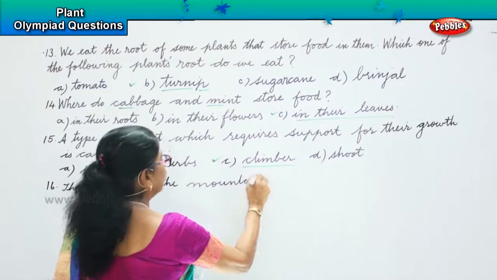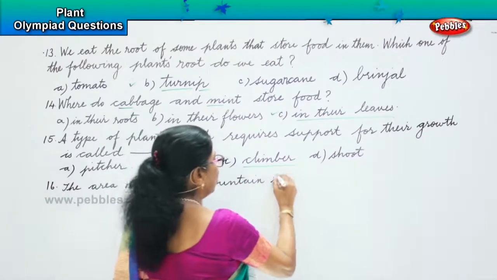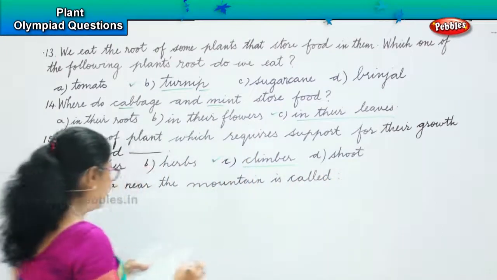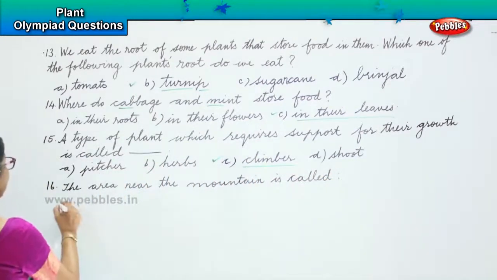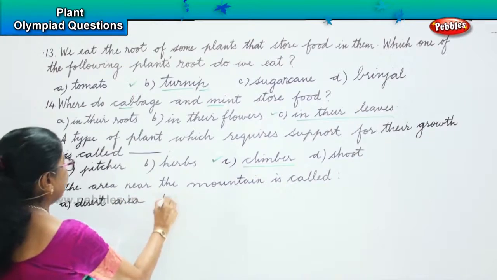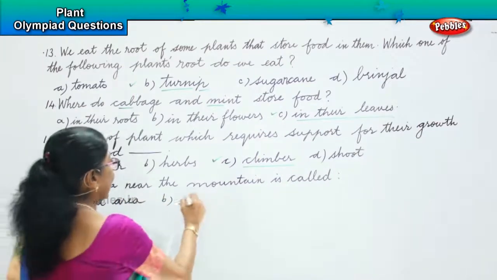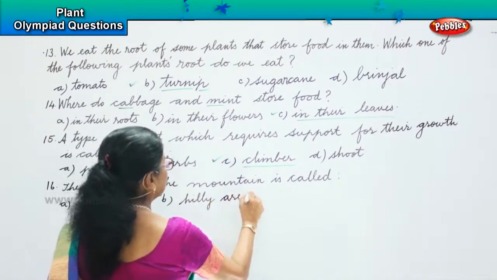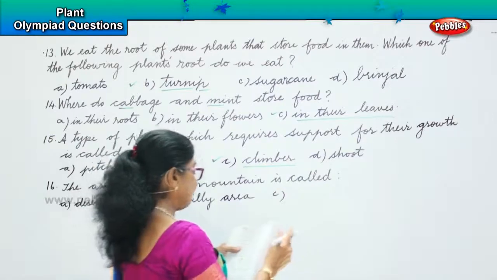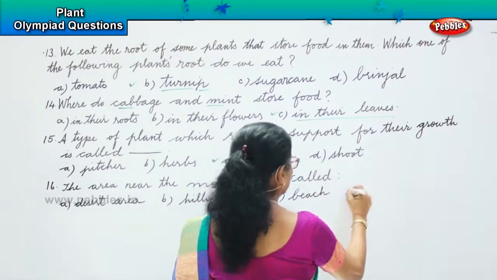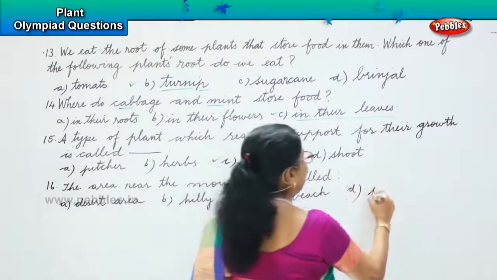Option A, desert area, option B, hilly area, option C, beach, option D, plains.